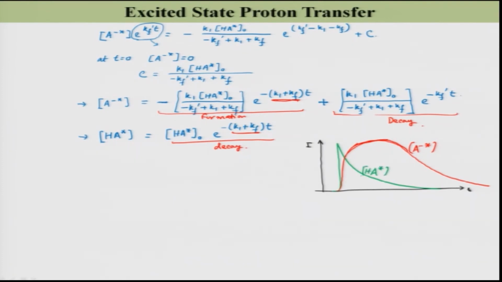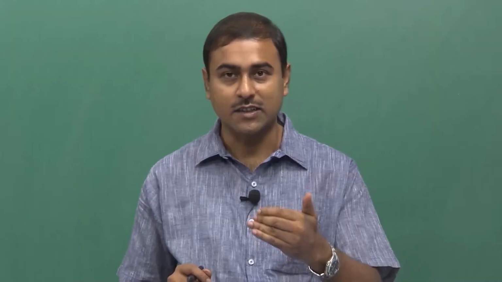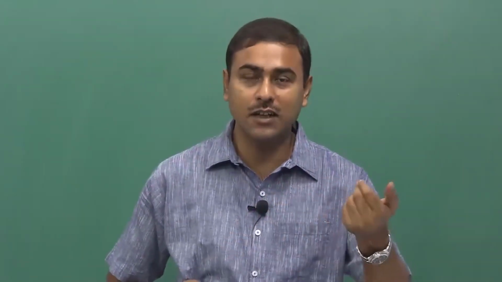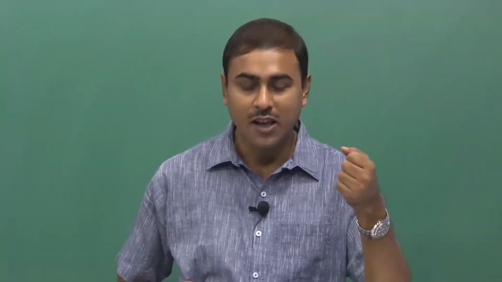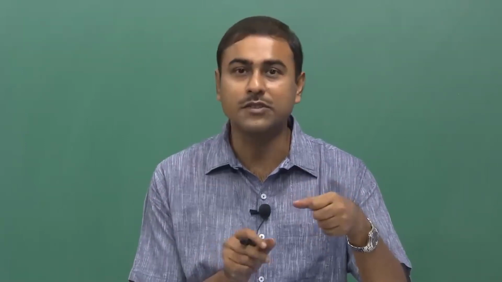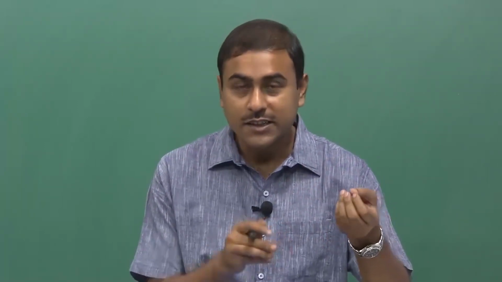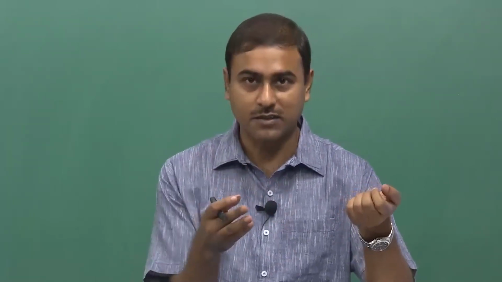From your time resolved measurement by TCSPC, it is good enough if this process is slower than 100 picosecond, because your time resolution in TCSPC is about 100 picosecond. But in most cases, like 2-naphthol in water, this rate of proton transfer is in the order of 1 picosecond.